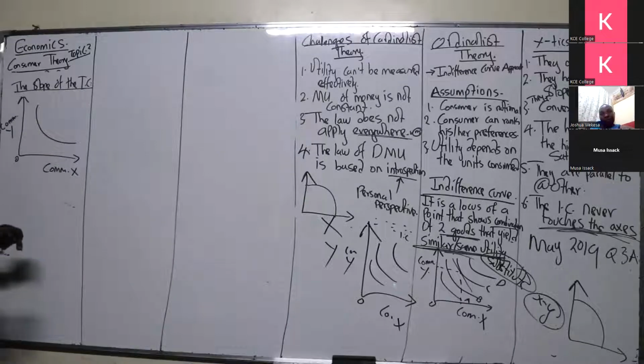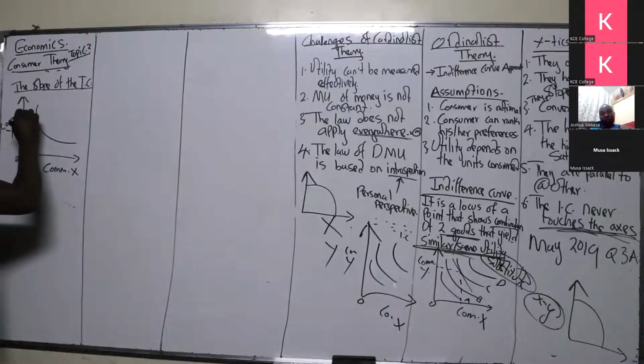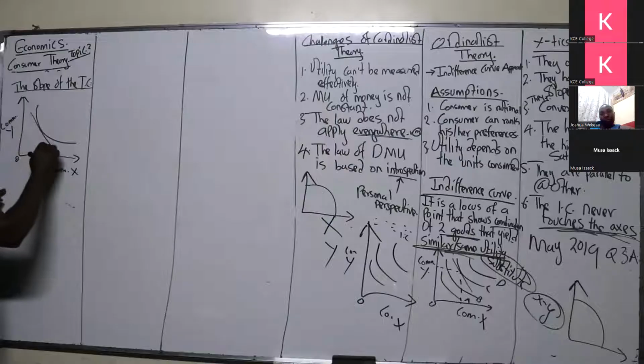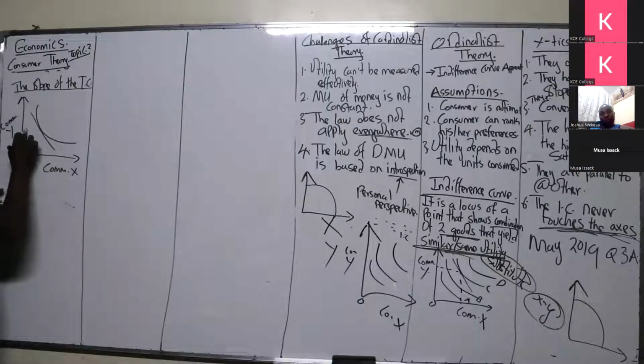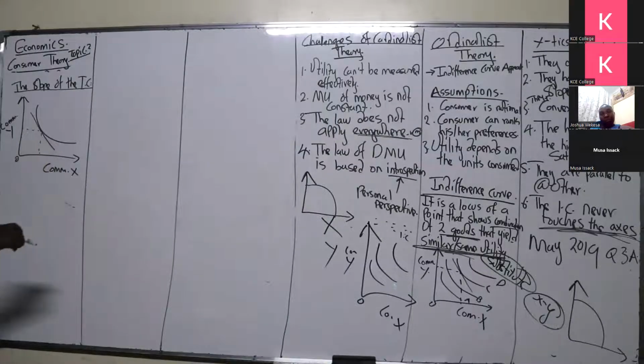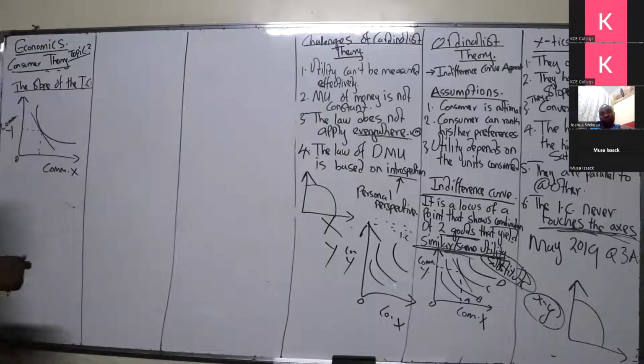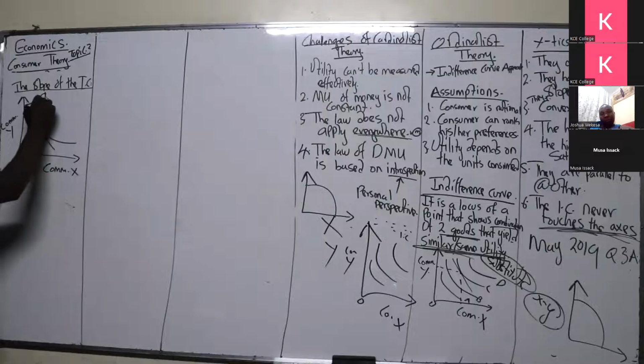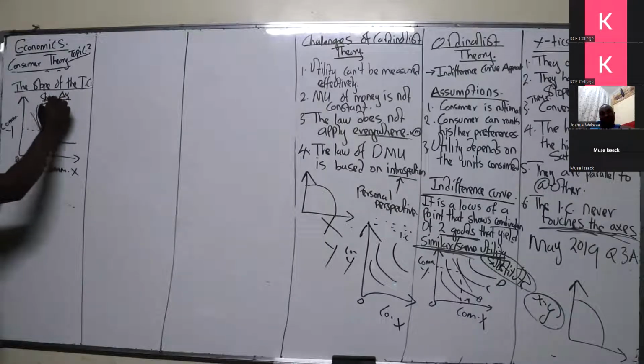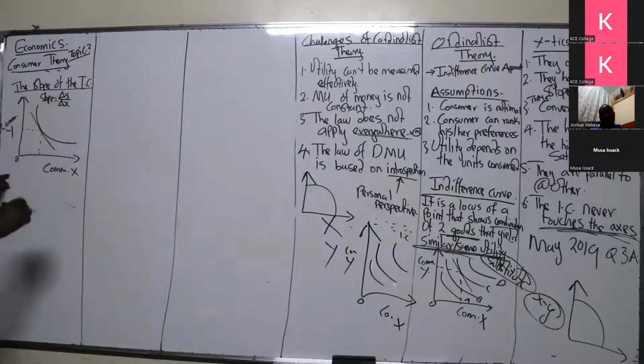Remember, we usually draw a line that touches it, and then we can have a slope there. And so the slope here is usually equal to the change of y divided by the change of x.